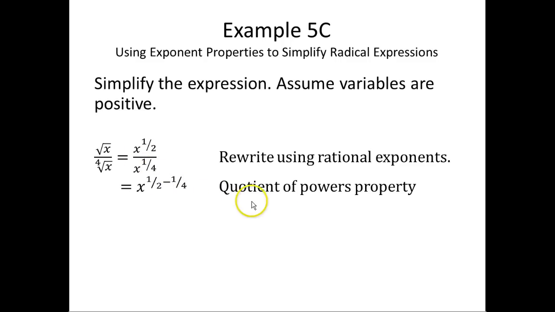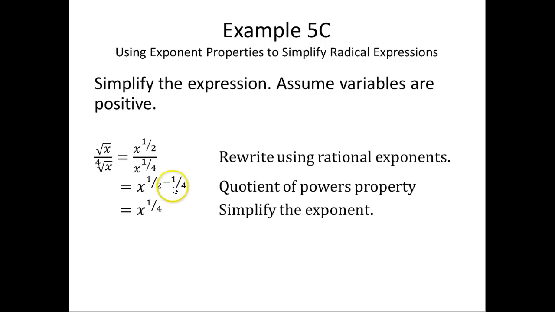Okay. Using the quotient of powers property, notice that I have x in the numerator and x in the denominator, so I have the same base. Therefore, to simplify this, I can just use the quotient of powers property, rewrite the base, and subtract the denominator's exponent from the numerator's, so I get 1/2 minus 1/4 as my new exponent.